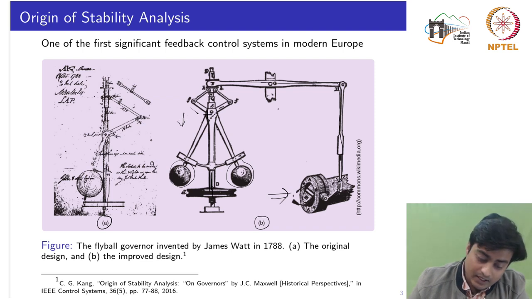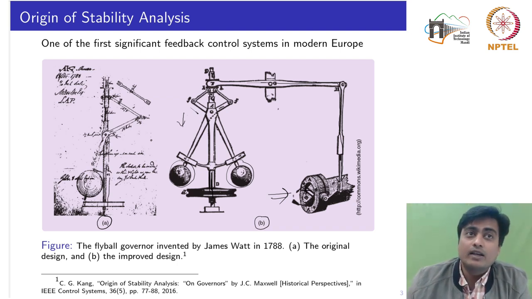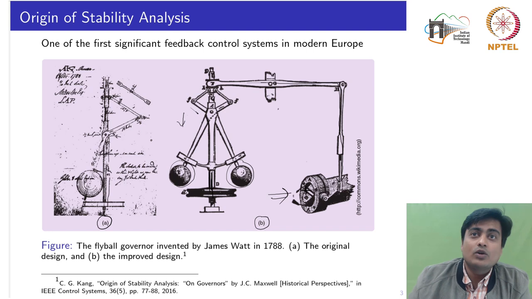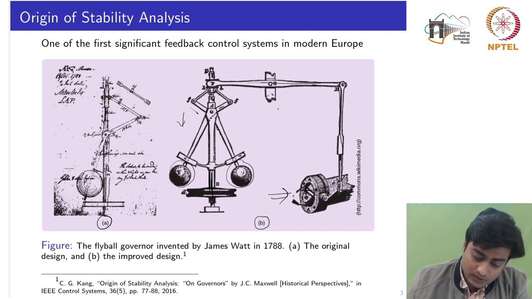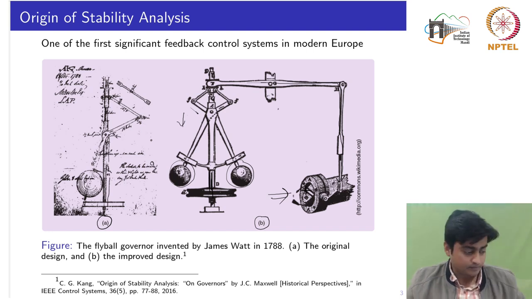Once it comes down, it will close the supply of the fuel to the engine. And once the supply is stopped, the engine will rotate at a lower speed. So basically it is to control the speed of the engine.